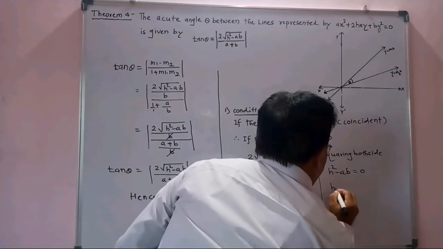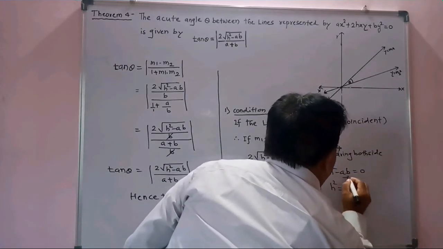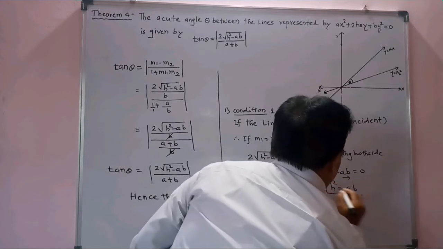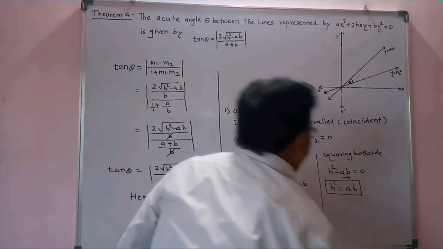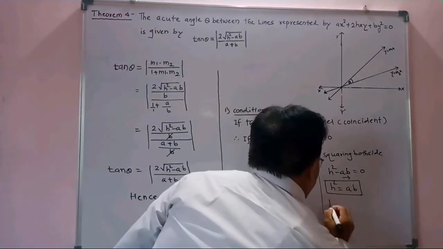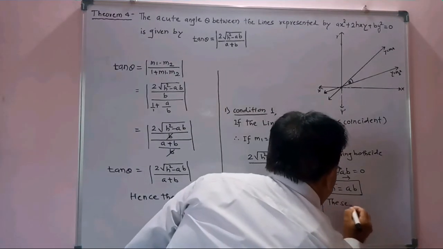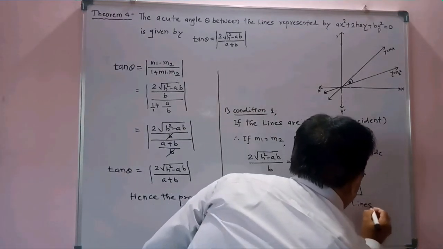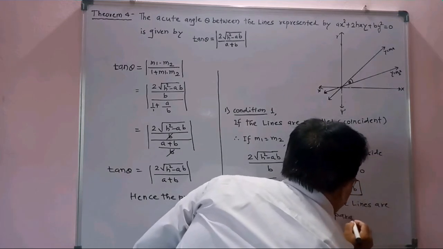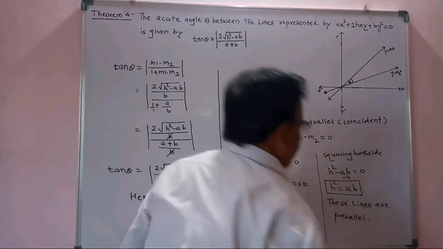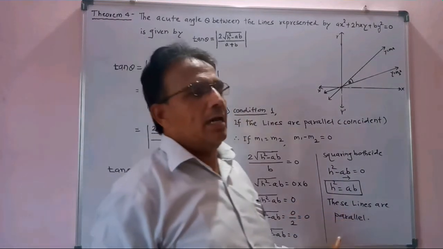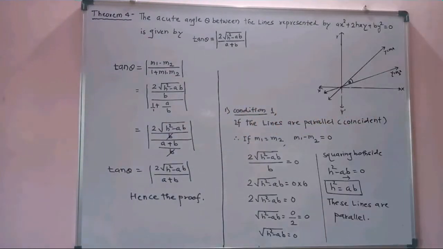Therefore, h square equal to minus ab; transposing to the right side, minus ab becomes plus ab. So h square equal to ab. Therefore, these lines are parallel or coincident.